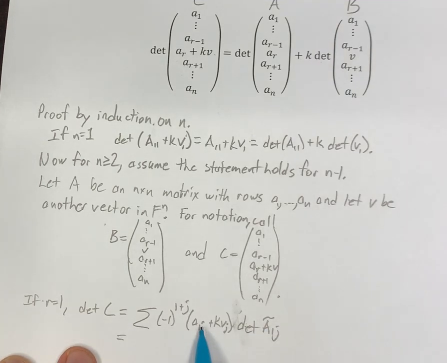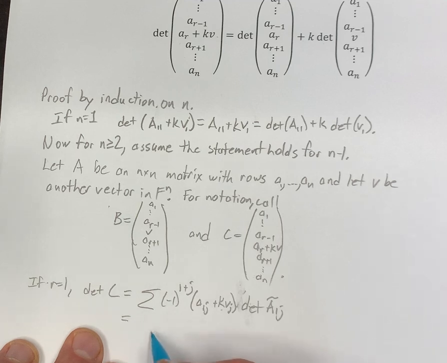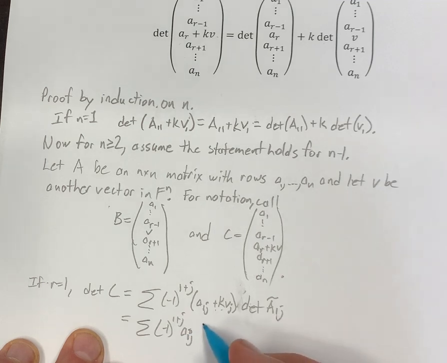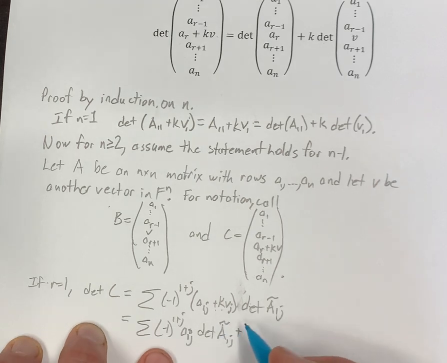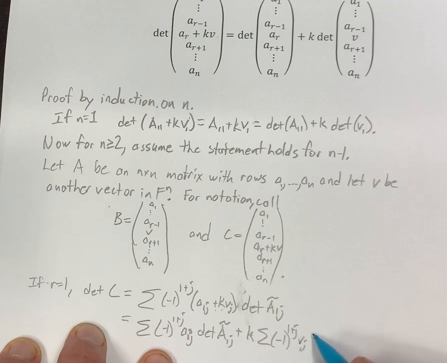And then, of course, these are all just scalars, so you could totally break this apart. You could write that as the sum of (-1)^(1+j) a1j det of the A1j minor, plus, and every single one of these has a k, (-1)^(1+j) vj det of the A1j minor.